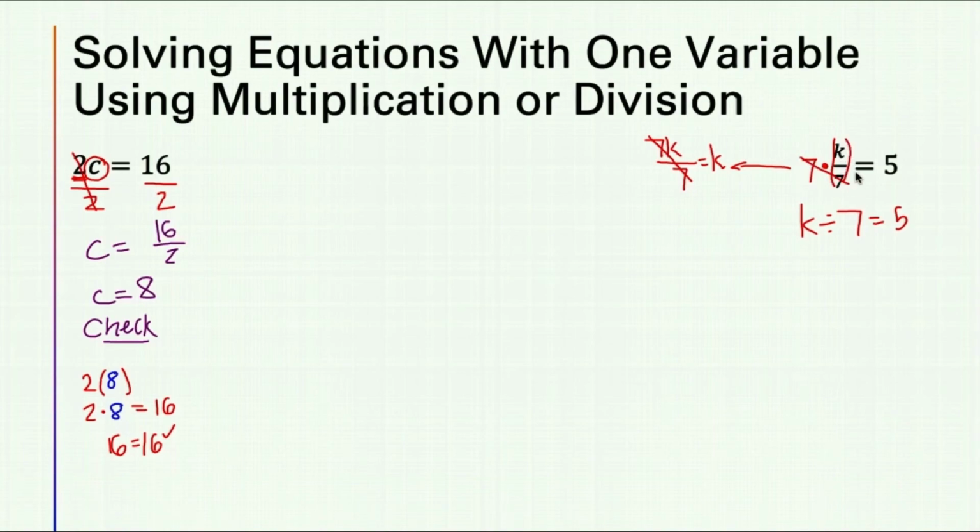But what you do to one side, you have to do to the other side. So we need to multiply 5 by 7 too. And we get k equals 5 times 7, which is equal to 35. And let's check our answer.